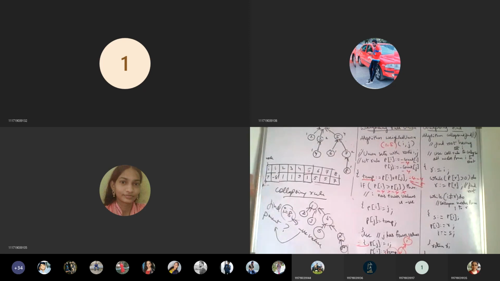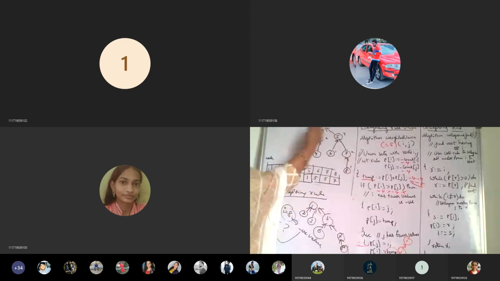Okay, so let's see here. Parent of 8 is 7, and 7's parent is 5, and 5's parent is 1, and 1's parent is -8. So until we get a negative value, till there we have to check. If we get a negative value, that is the root node. So the direct way we can say is 8 is the child of 1.